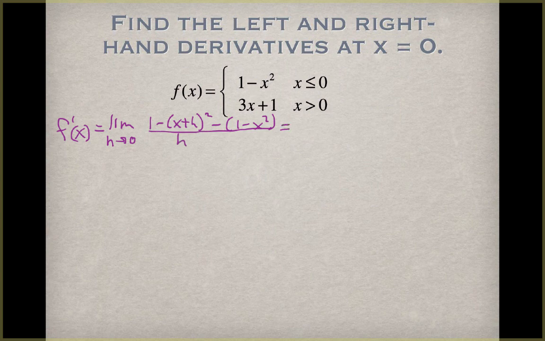This is equal to the limit as h approaches 0 of, when we expand it out, we get 1 minus x squared minus 2xh minus h squared minus 1 plus x squared all over h.